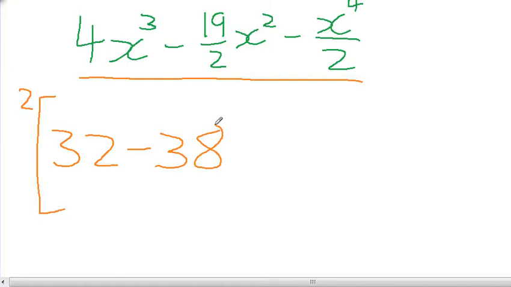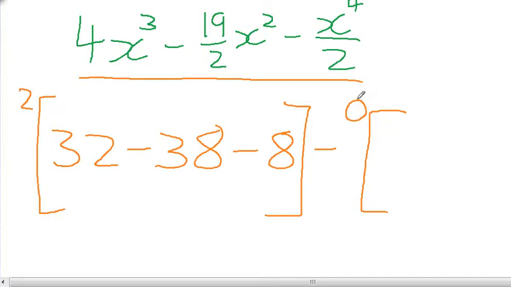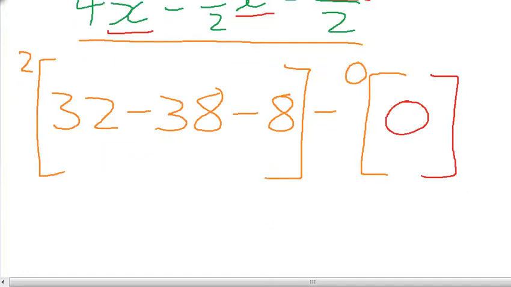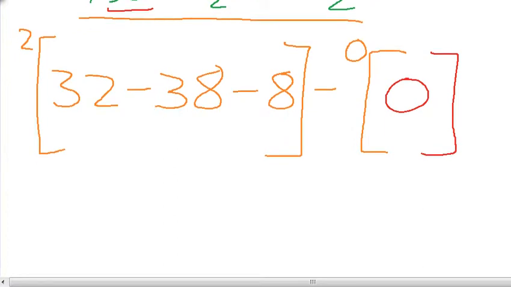Then 2 to the power of 4 is 16, over 2 is 8. So that's what we get when we put 2 in, and then we take away what we get when we put 0 in it. What do we get when we put 0? Well, this x is going to make it 0, this x is going to make it 0, this x is going to make it 0. Hey, we just got a 0 there. We can ignore that. So, what is 32 minus 38 minus 8?